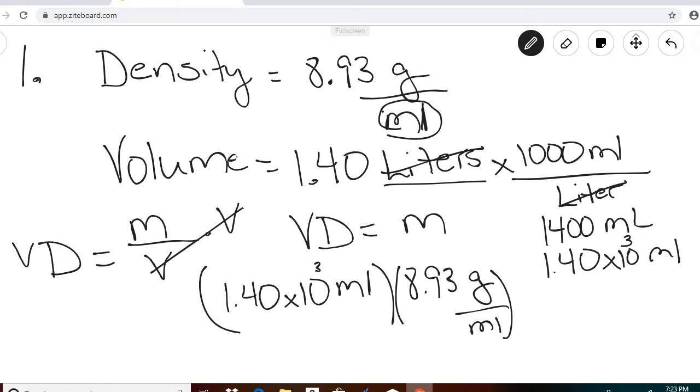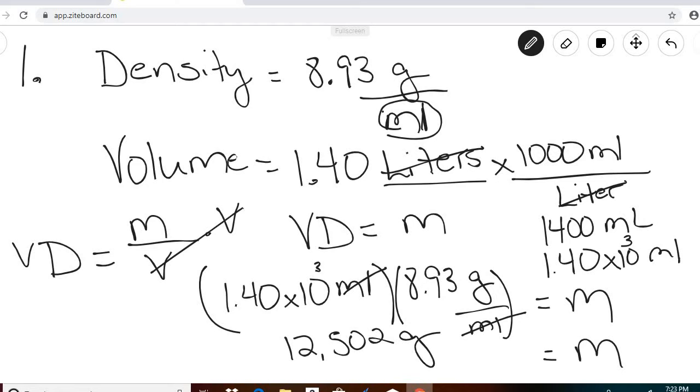So milliliters on the top and bottom will cancel. And what we will get for mass then is 12,502 grams. And we want 3 significant figures, and therefore our answer would be 12,500 grams.